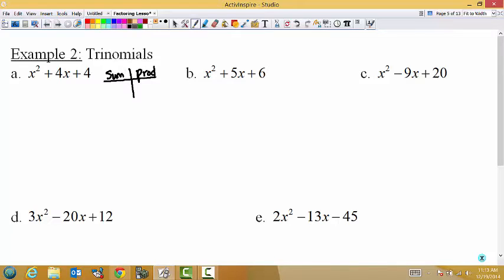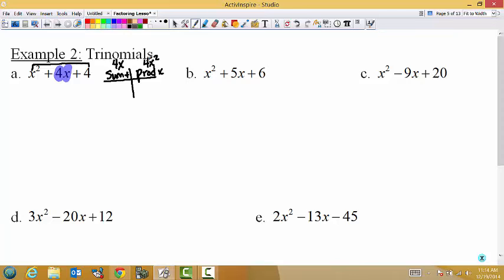The sum is always your middle term, so you'll come here. The middle term is 4x. The product is the first term multiplied by the last term, so 4x squared. Product stands for multiply, sum stands for add. So you want to know what multiplies to give you 4x squared and adds to give you 4x.